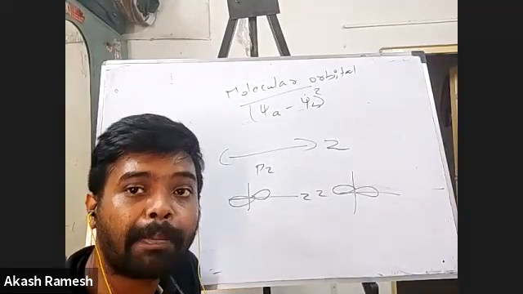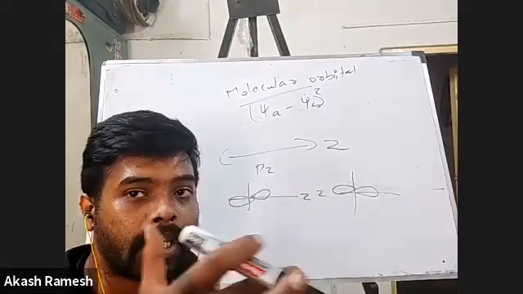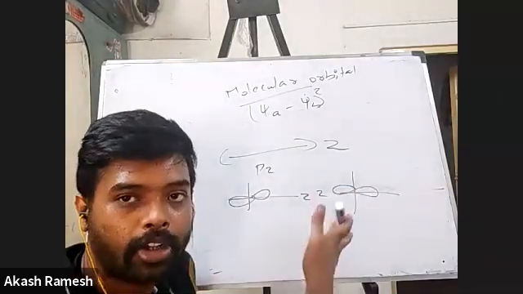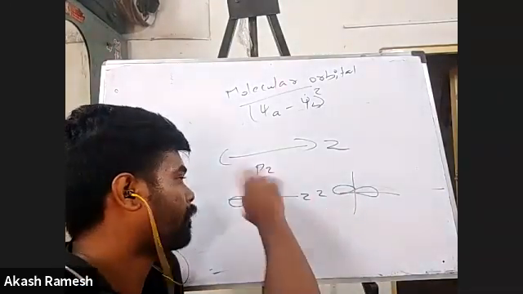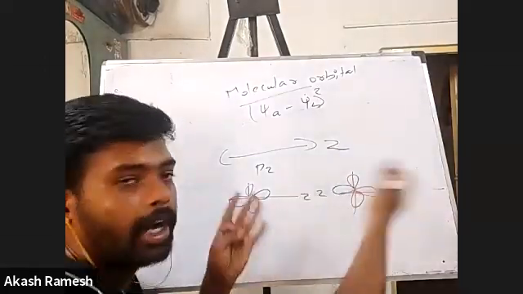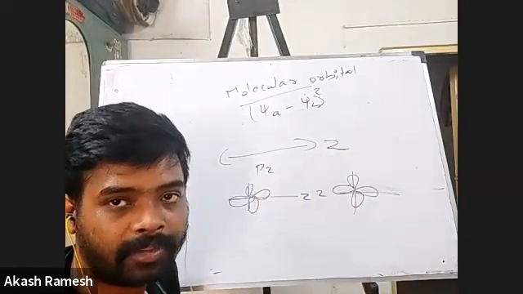So pz can form sigma bonds, and px and py will only form pi bonds, because the head-on collision is already taken. If there are px orbitals here, how will they undergo a head-on collision? They can undergo only lateral overlap. Same goes with py.